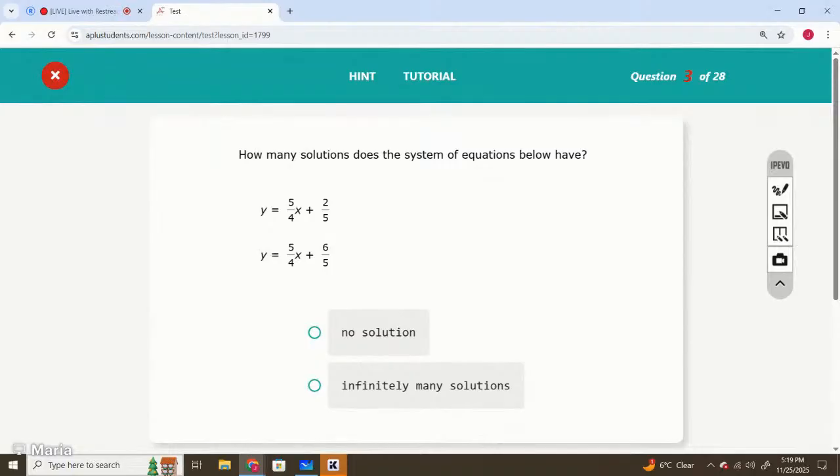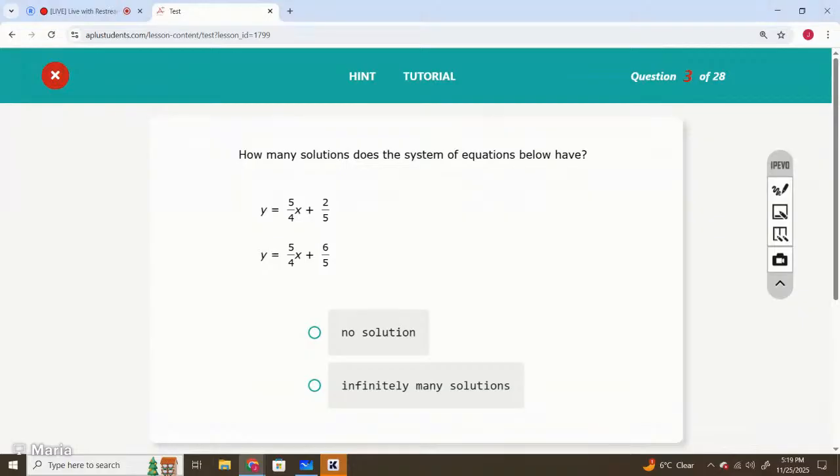How many solutions does the system of equations below have? y equals 5 by 4x plus 2 by 5 and y equals 5 by 4x plus 6 by 5. So both the equations have the same slope, right? 5 by 4 is the slope and 2 by 5 is the y-intercept. So both the equations have the same slope and different y-intercept.